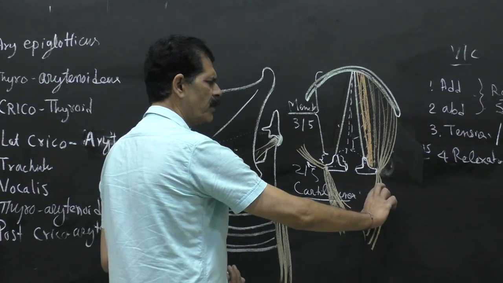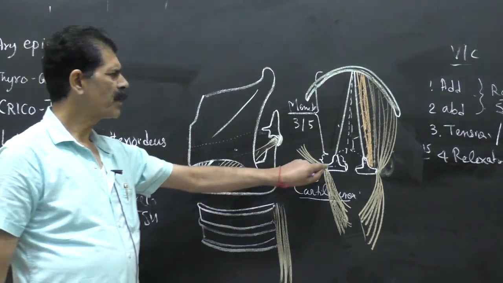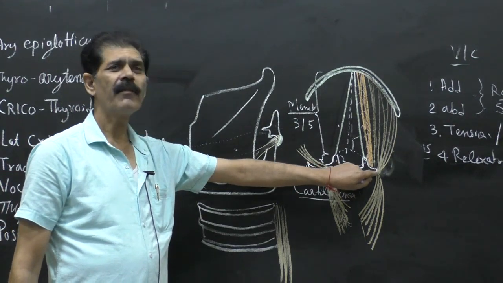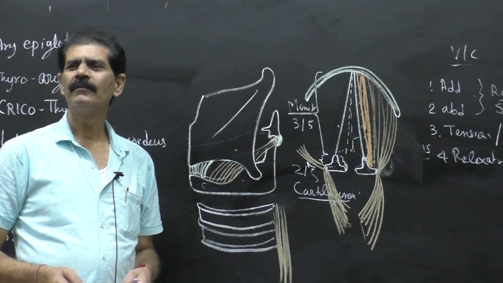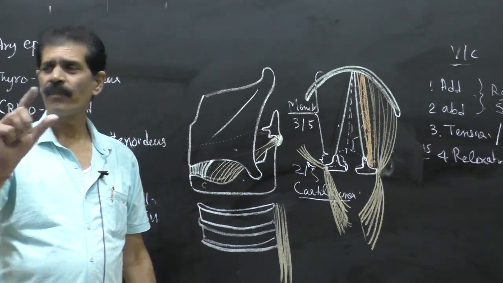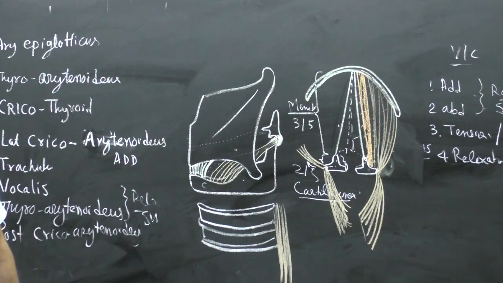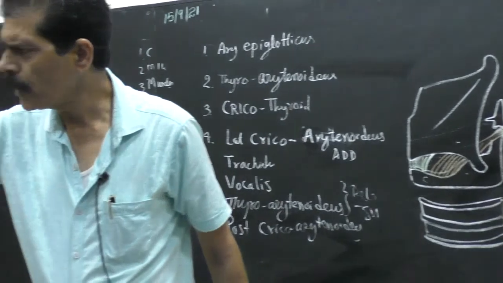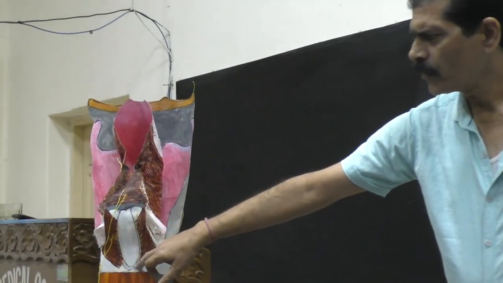So what will be the action? Whenever this muscle contracts, what will happen to the muscular process? It will move medially, because this is a rotational movement. The base of the arytenoid cartilage moves on the upper border of the lamina of the cricoid cartilage.